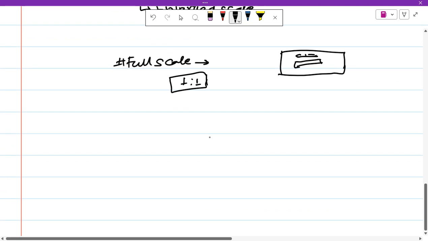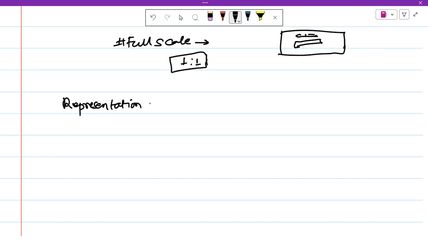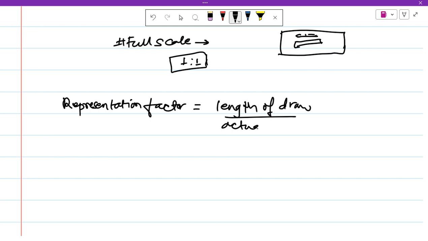There is another thing in scaling, which is known as representation factor. What is representation factor? It is the length in drawing, the length of any side in drawing, upon the actual length.